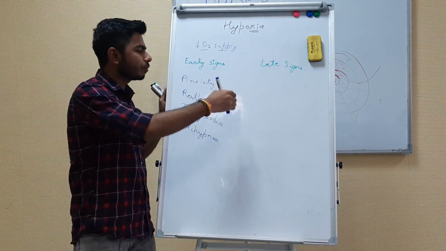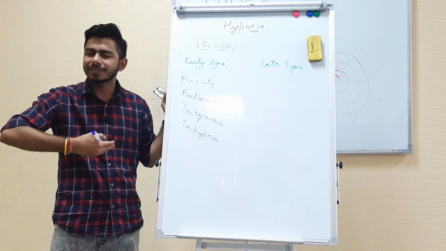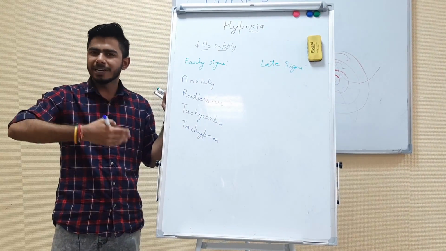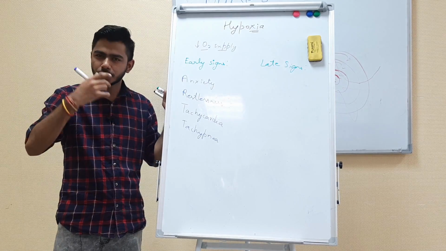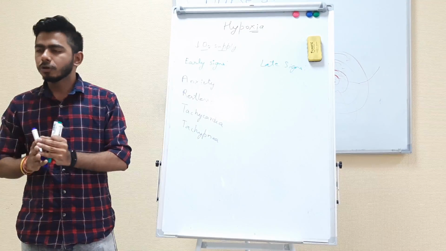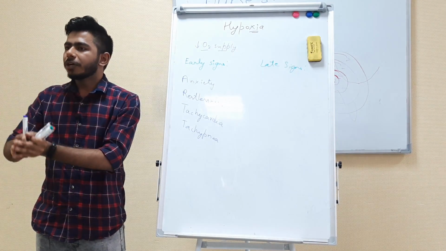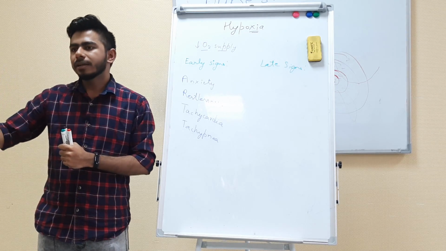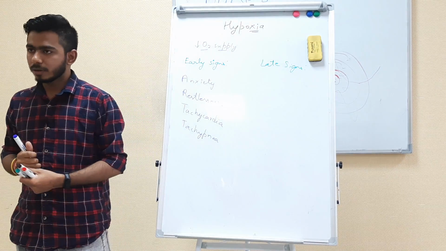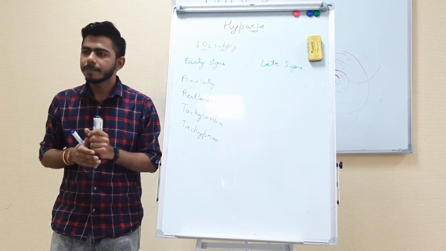Now, this was the compensatory mechanism from your body's side. Your body is just trying to make sure that your organs do not become hypoxic, because once your organs are hypoxic, this condition might convert into ischemia, and then organ failure might happen. Then there will be very few chances of survival for such patients, right?